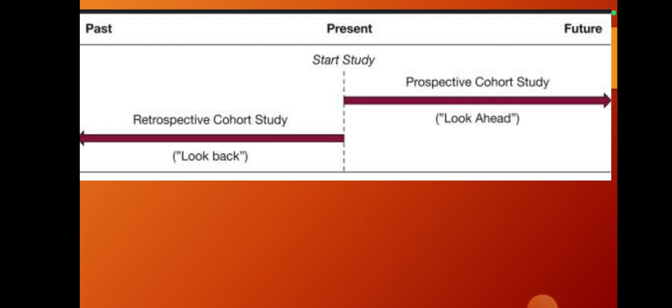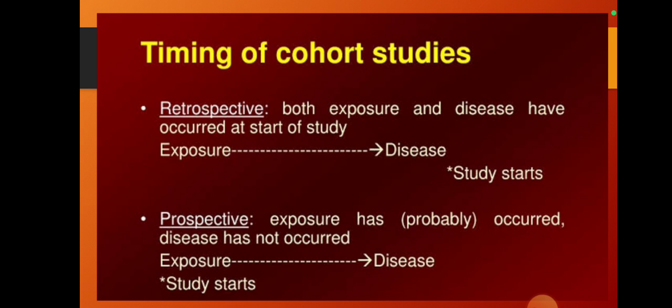In cohort study, there are two types, prospective and retrospective. Prospective means look ahead and retrospective means look back. Timing of the cohort studies: in retrospective, both exposure and disease have occurred at start of study, and when disease occurs, then the study starts.